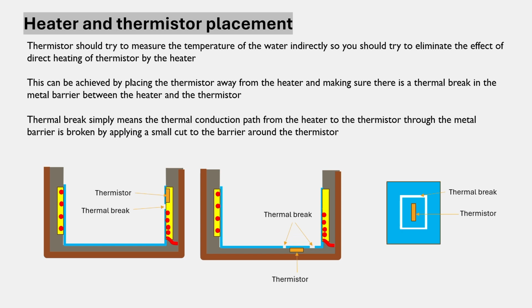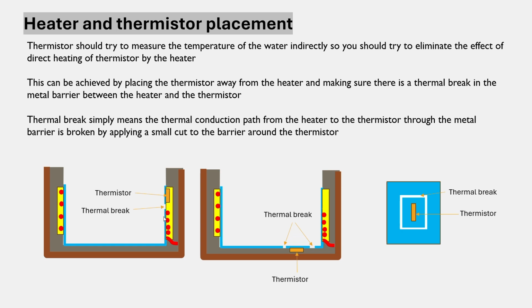Another thing to notice here is when you place heater and thermistor, you have to try to make sure there is some gap between them. You're trying to measure the water temperature, not the temperature from the heater, right? So this thermistor should try to respond mostly to the water temperature.